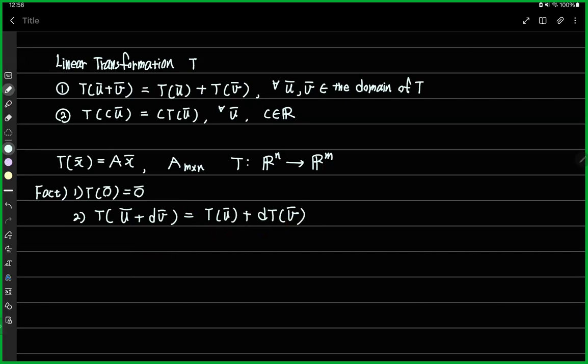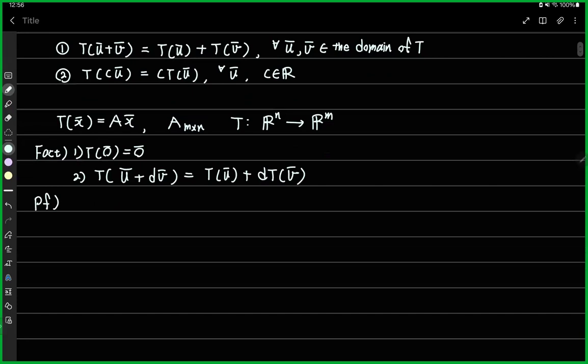Okay, so here's a proof. Why is T of the zero vector the zero vector? Because T of zero is equal to T of zero vector plus zero vector.